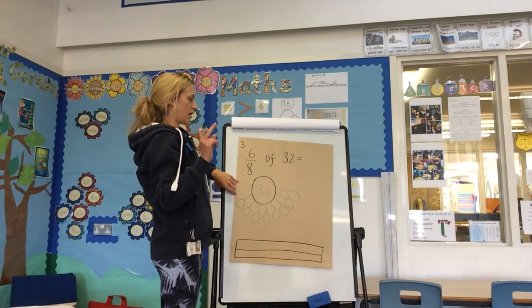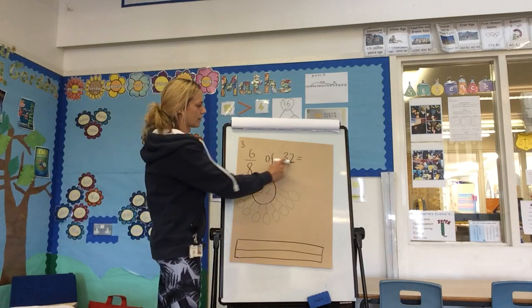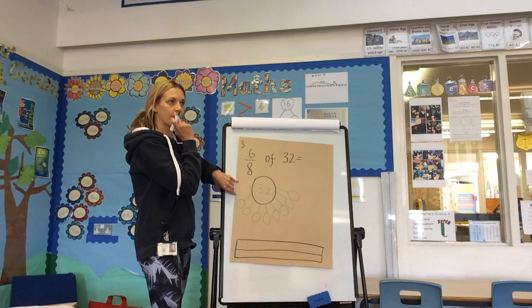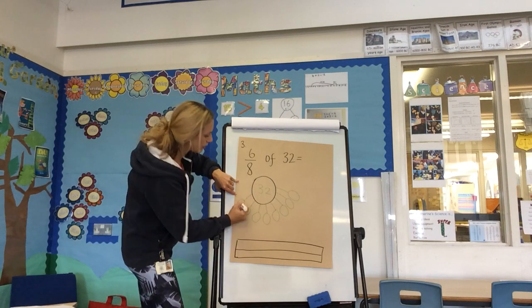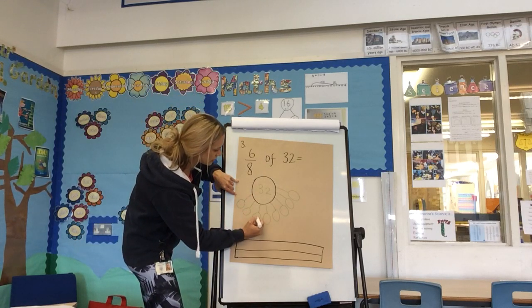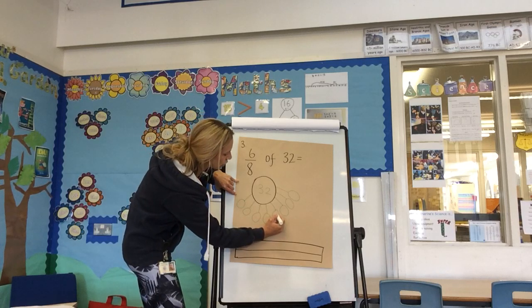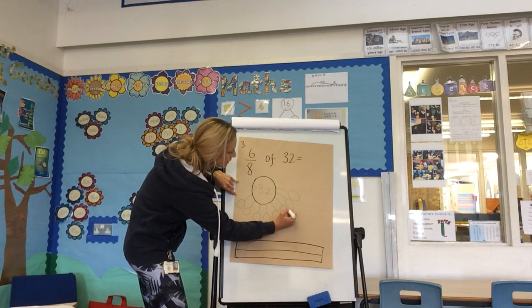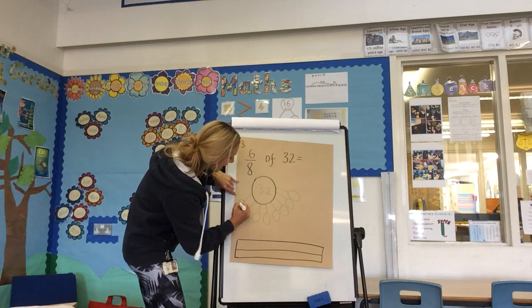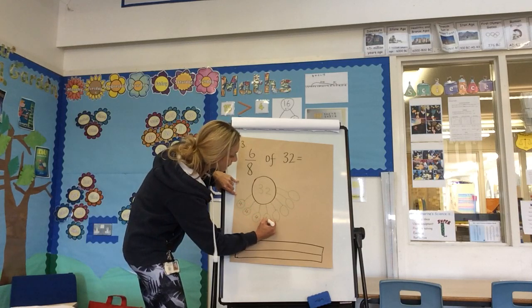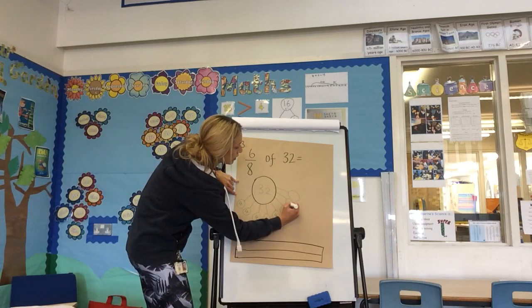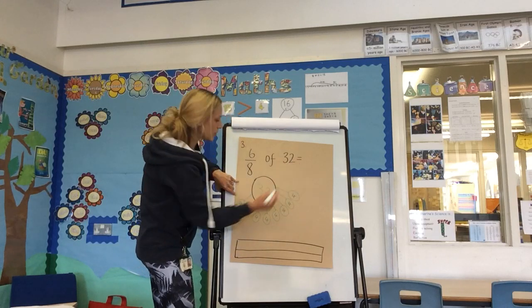Right, what do I know about 8 and 32? 4 8s are 32. 4, 8, 12, 16, 20, 24, 28, 32. Yes, I know that 4 times 8 is 32. Brilliant.